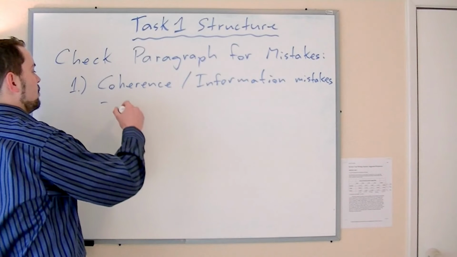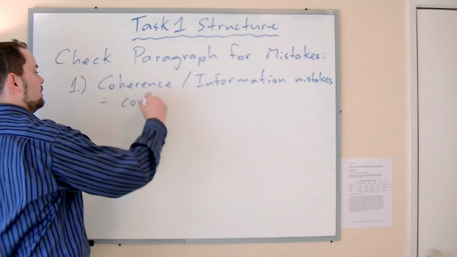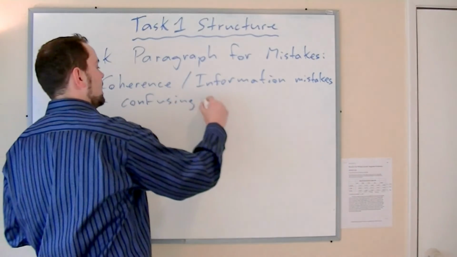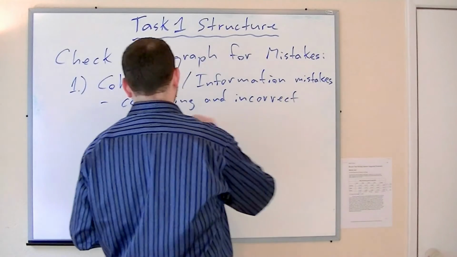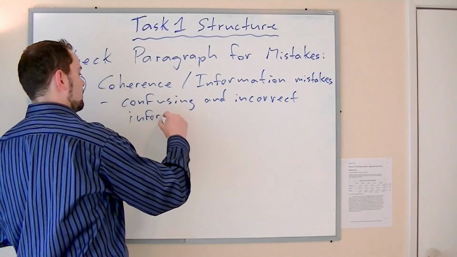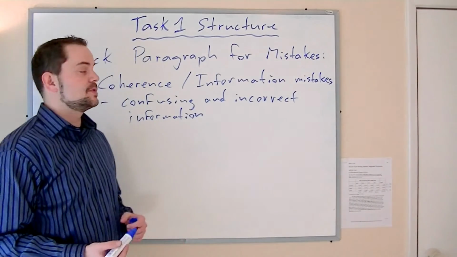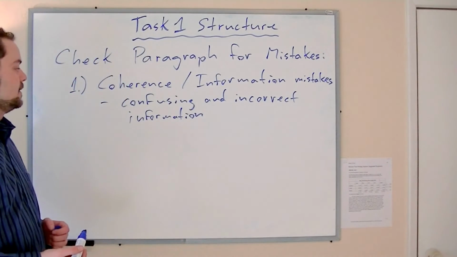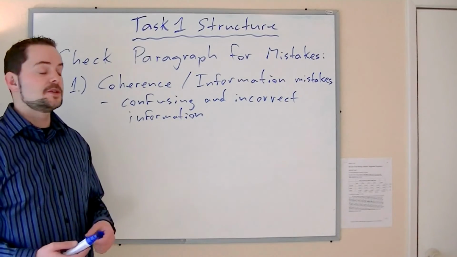So look for confusing and incorrect information. This can include things like language use errors and other types of grammar mistakes that change the meanings of sentences or ideas.